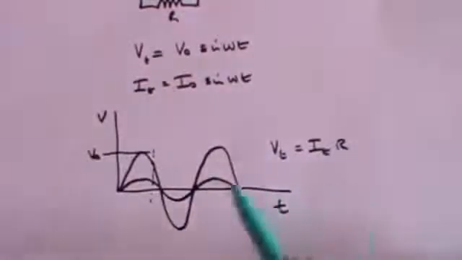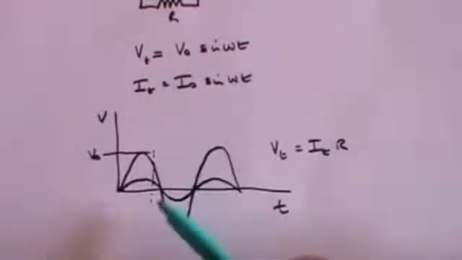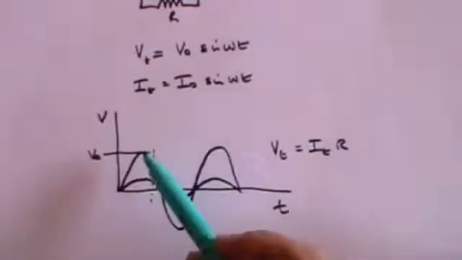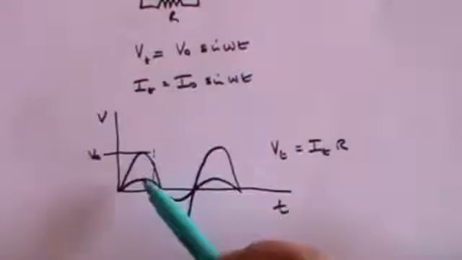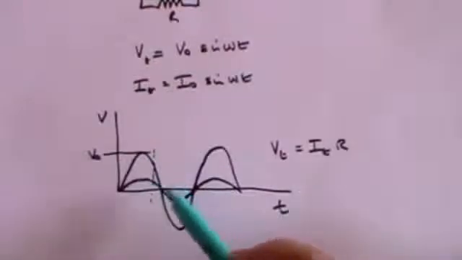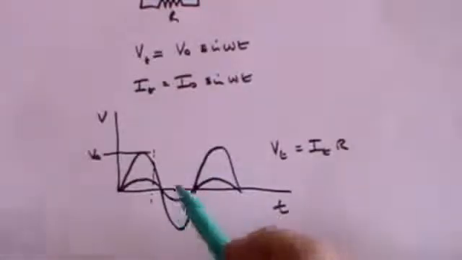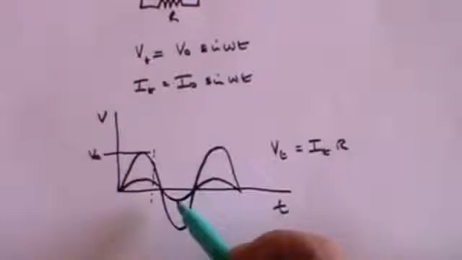And you'll notice that the voltage and the current are what is called in phase. That is to say, when the voltage is at its maximum, the current is at its maximum. When the voltage is 0, the current is 0. When the voltage is at its negative maximum, the current is at its negative maximum.